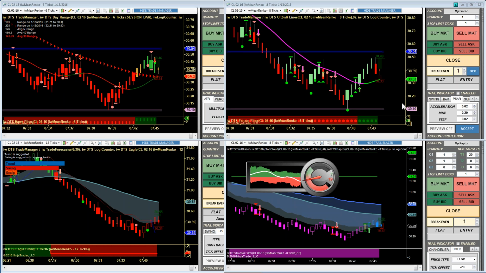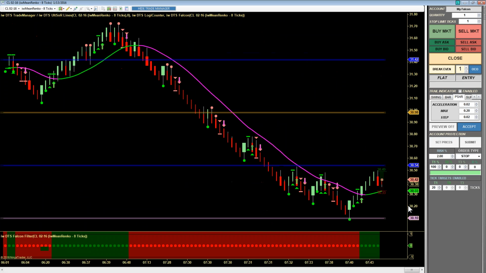and the Trailblazer? The Trade Manager has this risk component built in, which will limit your risk. So if I get a buy signal, it doesn't matter if I place my stops here, notice the risk amount, or if I place my stops here. Oops. Oh, notice that? It wouldn't allow me to place my stops down here.